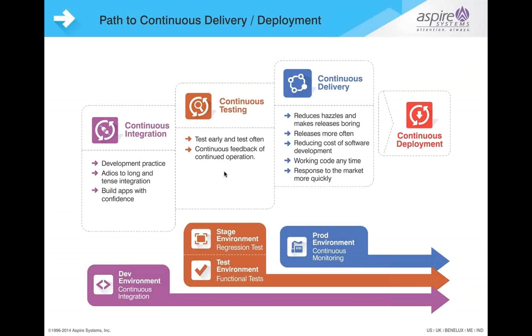Continuous integration is an entire development practice change, which means that there is a culture change with respect to the development process. So we may have to go with new technologies and tools based on what you have right now in place.